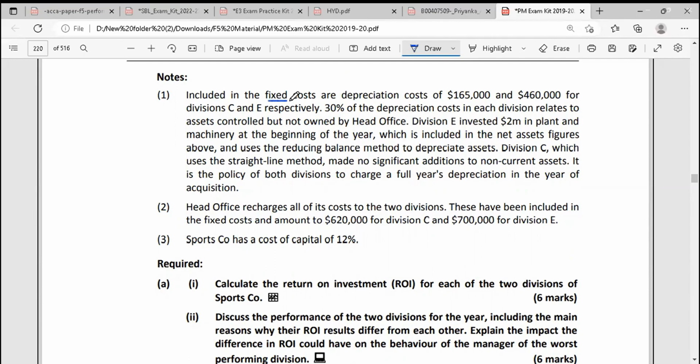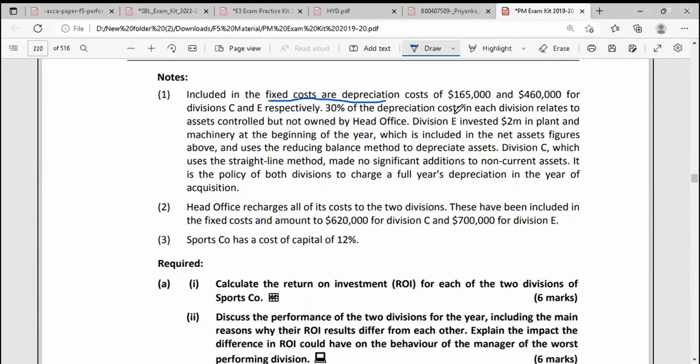We see that fixed costs include depreciation, and these are the amounts. 30% of depreciation cost in each division relates to assets controlled but not owned by the head office.